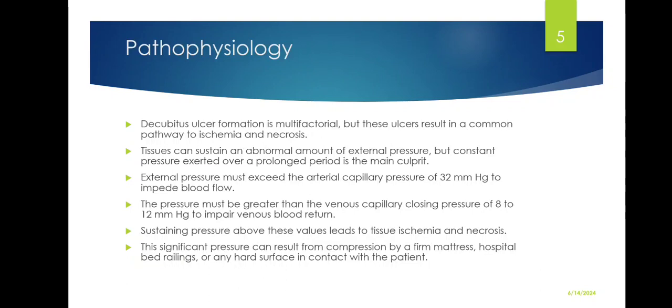Then pressure must be greater than the venous capillary closing pressure of 8 to 12 mm mercury to impair venous blood return. Sustaining pressure above these values leads to tissue ischemia and necrosis. This significant pressure can result from compression by a firm mattress, hospital bed railings, or any hard surface that is in contact with the patient.